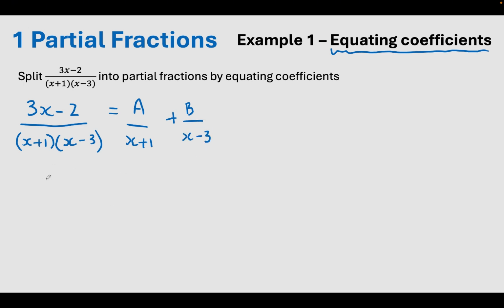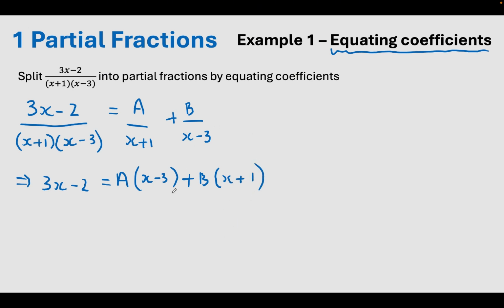Then we multiply again, as in the last one. So we get 3x minus 2 equals a times x minus 3 plus b times x plus 1.